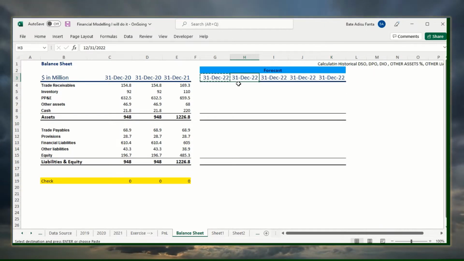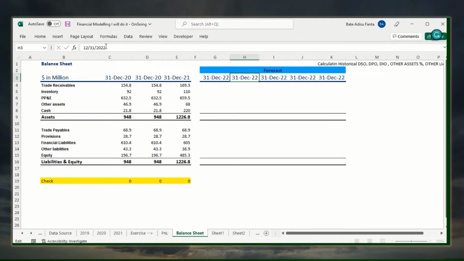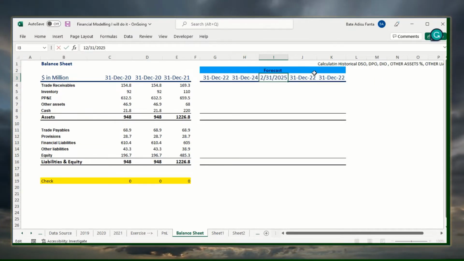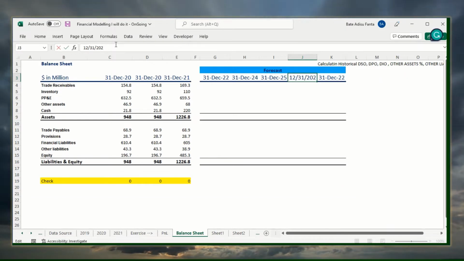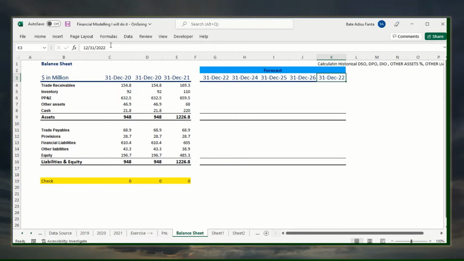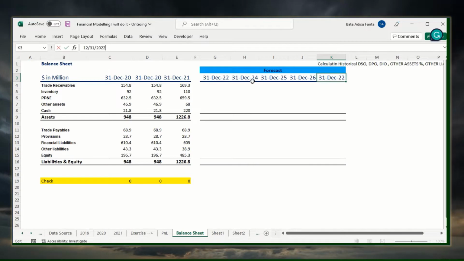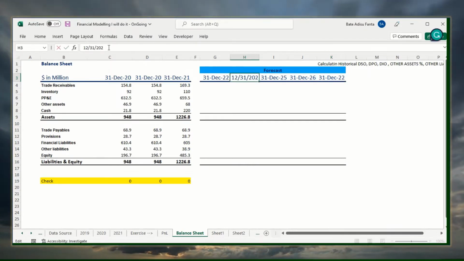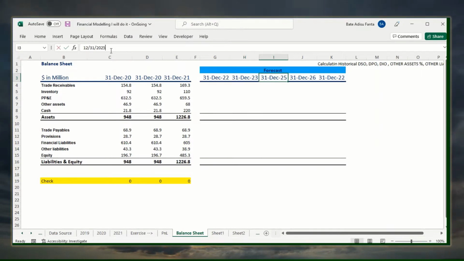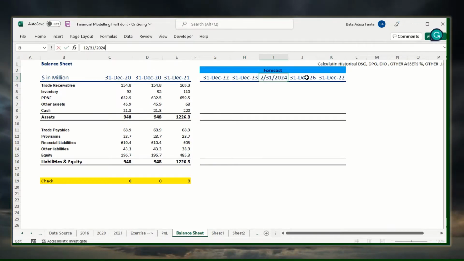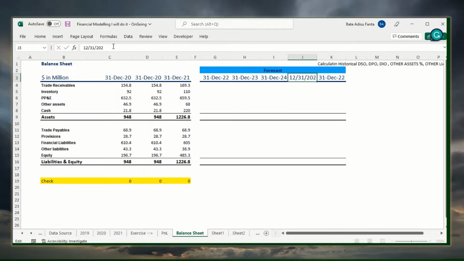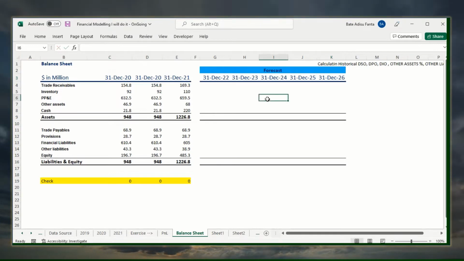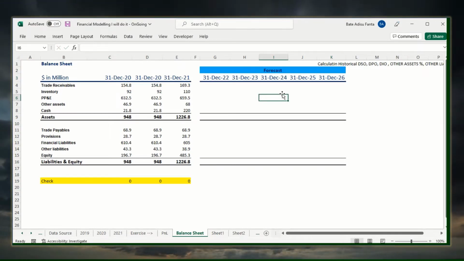I come here, I change this to 2024, and this is 2025, and this is 2026. Oh, I made a mistake. This should be 2023. This is 2024, and this is 2025, and this is 2026. So these are our future forecasting period.